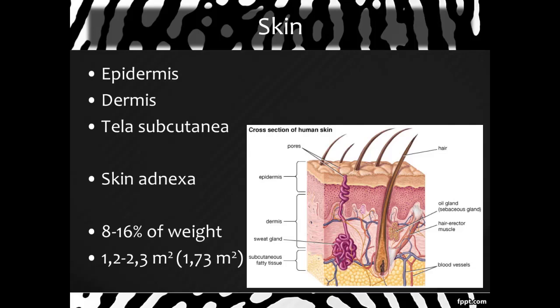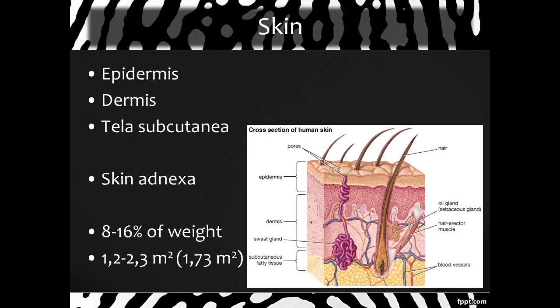So at first, the skin acts as a barrier to protect us against the physical, chemical, and also biologic agents from the external environment.